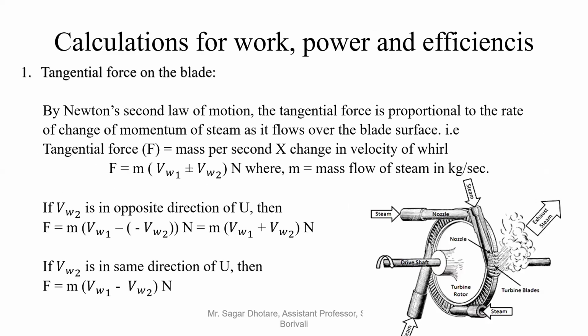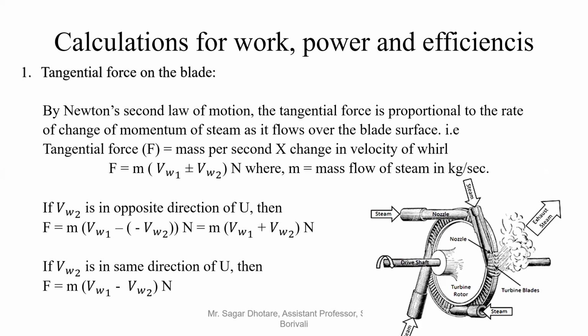Now, basic calculations for work, power, and different efficiencies. As we know, we are using Newton's second law, that the tangential force is proportional to the rate of change of momentum of the steam as it flows over the plate surface. That is, the tangential force is equal to mass per second into the change in velocity of the ball, that is m into Vw1 plus or minus Vw2.